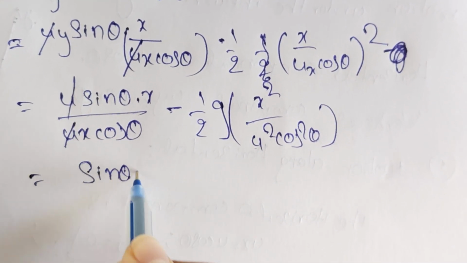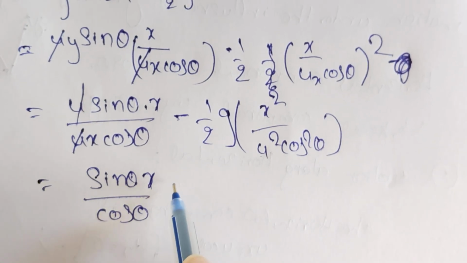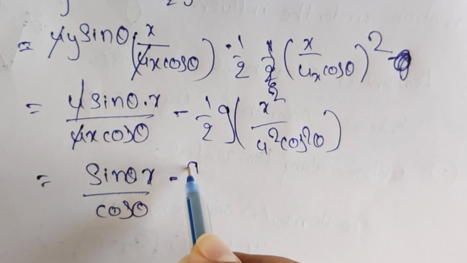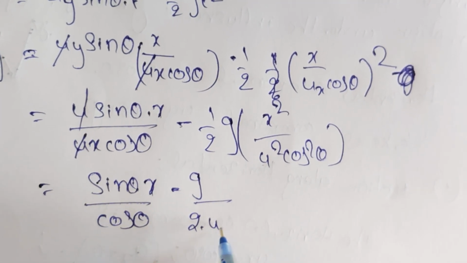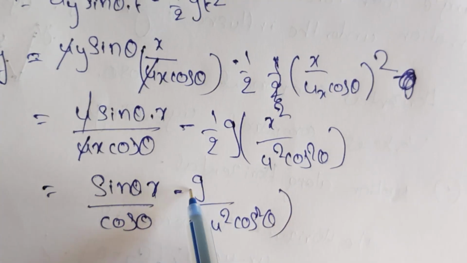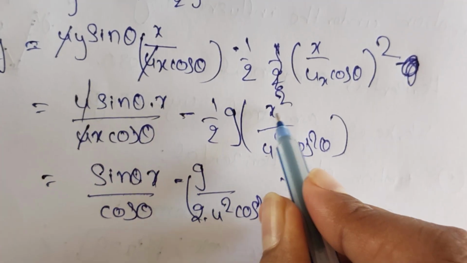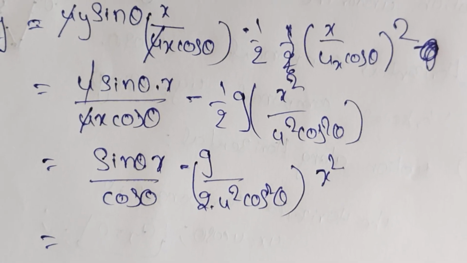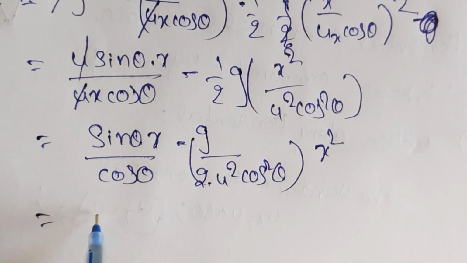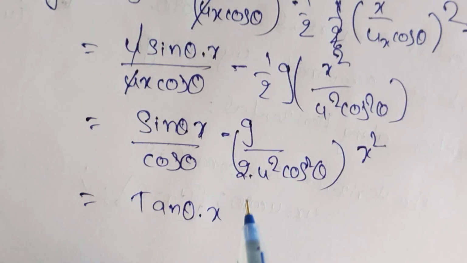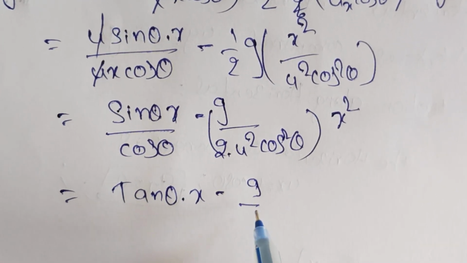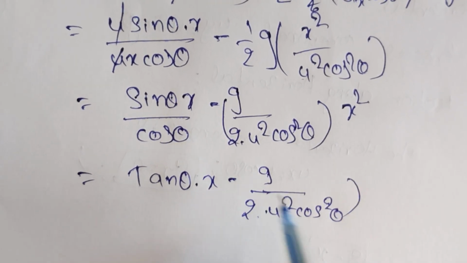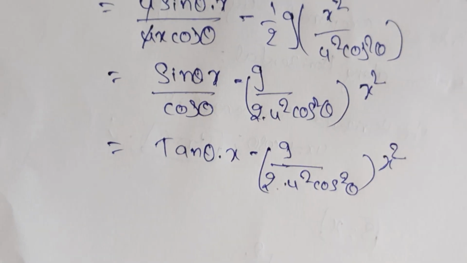Sin theta, x by cos theta, minus g into 2 into u square cos square theta. The 2 and x square are written outside of the bracket. We already know in trigonometry that sin theta by cos theta equals tan theta, into x minus g by 2 u square cos square theta into x square.